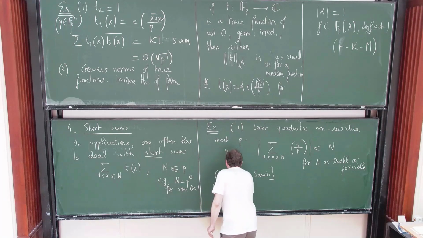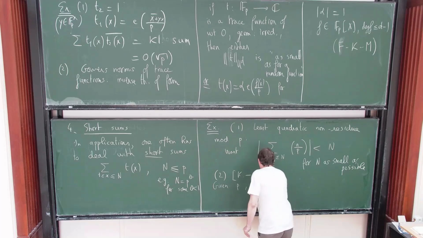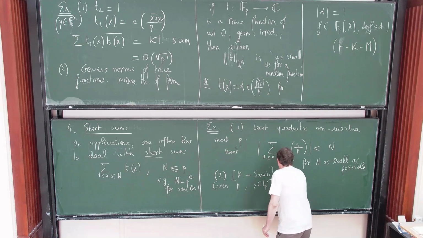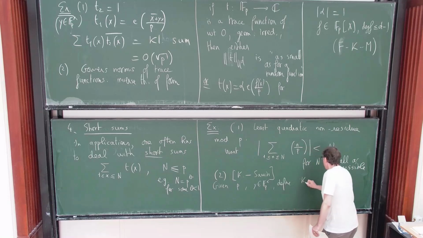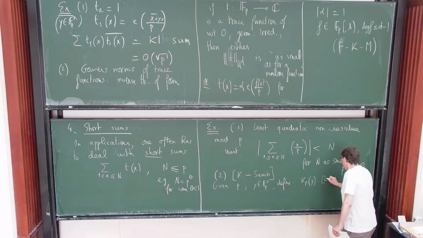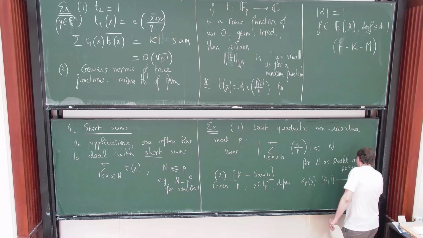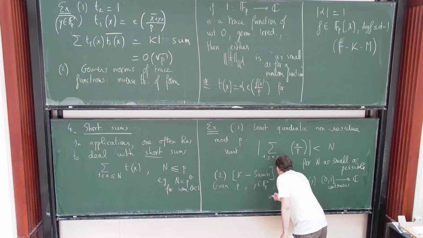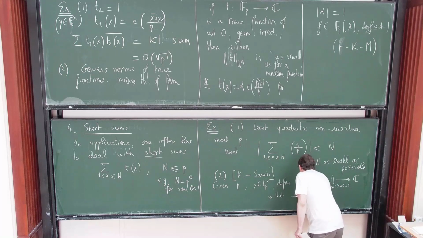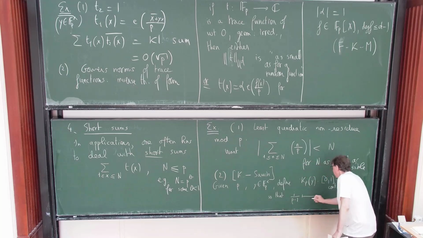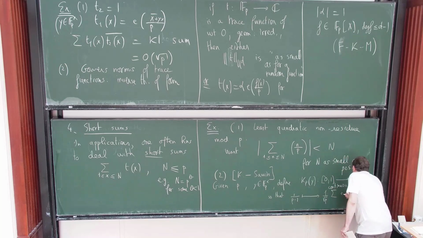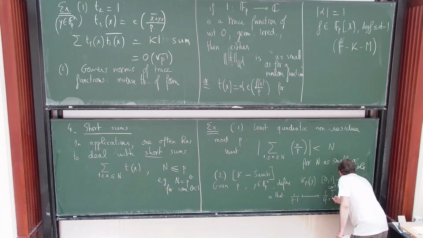So in other words, given a prime p and y invertible mod p, we define a function K_p of y. It's a continuous function from [0,1] to C, and it's obtained by linear interpolation by saying that if I take i over p minus 1, then I send it to the Kloosterman sum, but just the partial sum for x from 1 to i.